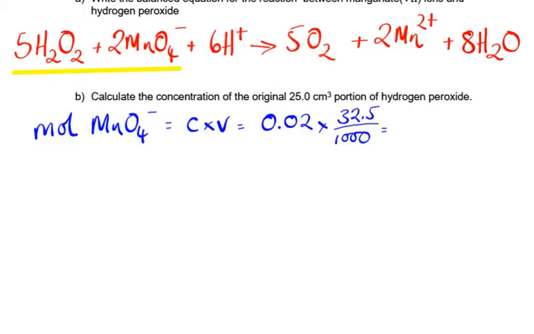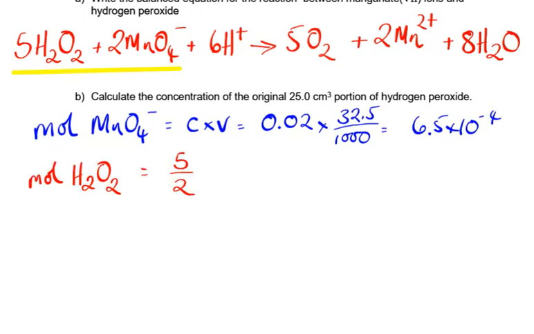So our calculation will start with the moles of manganate. So this was the concentration times volume, and that should give us 6.5 times 10 to the minus 4. So to get the moles of peroxide, remember they were reacting in a 5 to 2 ratio, so we want to times by 5 and divide by 2, and that should give us 1.625 times 10 to the minus 3.